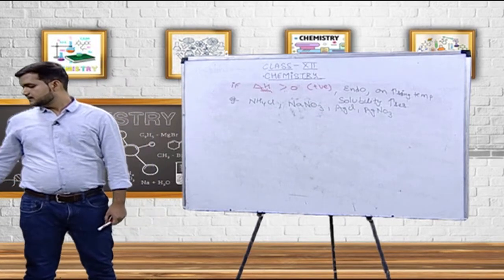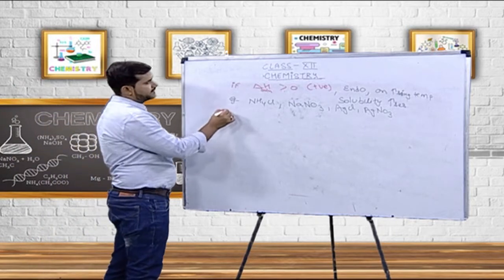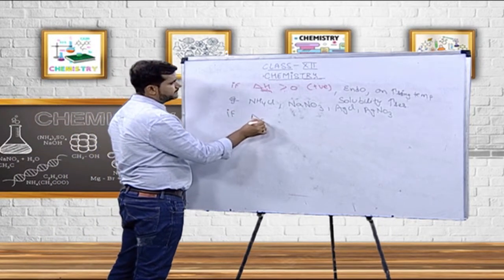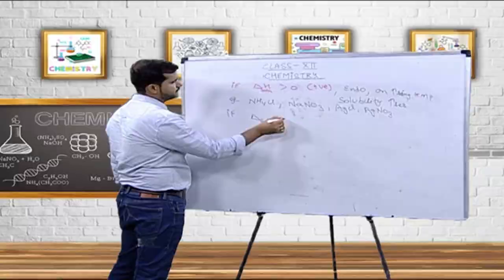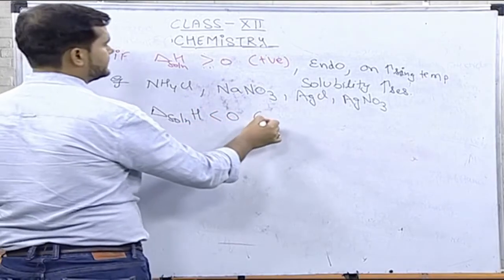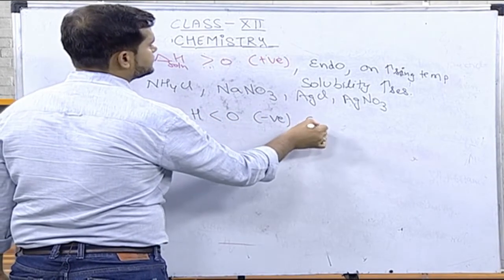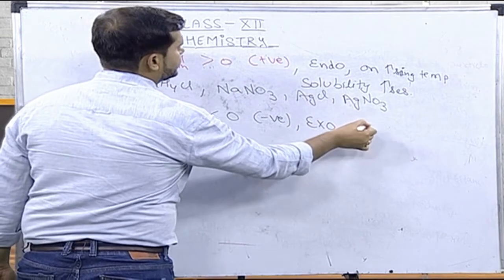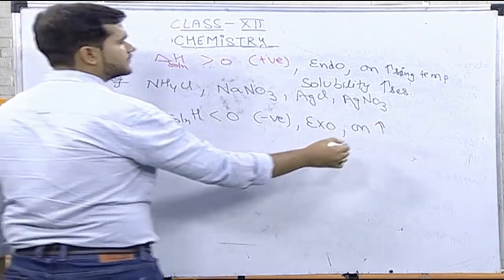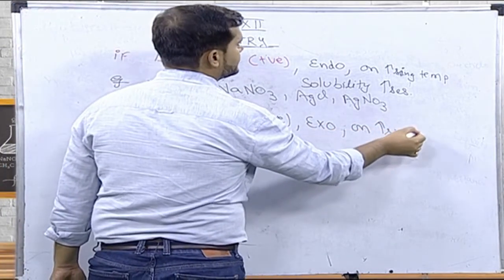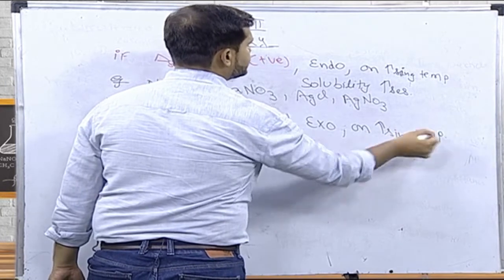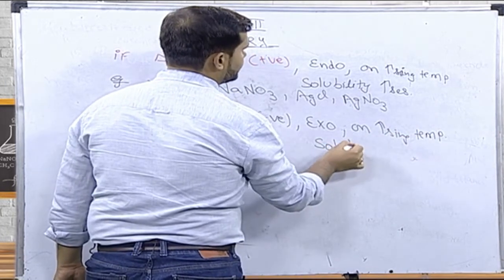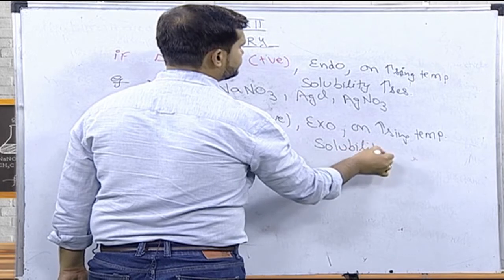Okay, if the enthalpy of solution is less than 0, means what? Negative. So it is what? Exothermic. So on increasing temperature, what will happen to their solubility? Yes, very good, solubility will decrease.